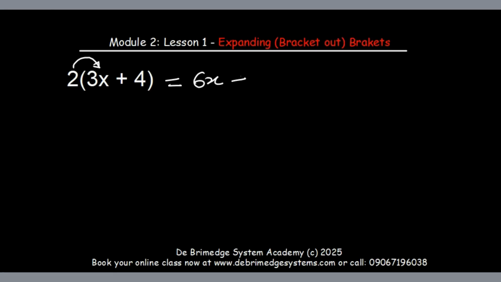Plus 2 times 4 will give us 8. So therefore, the answer to this question is 6x plus 8. This is the expansion of 2 bracket 3x plus 4.